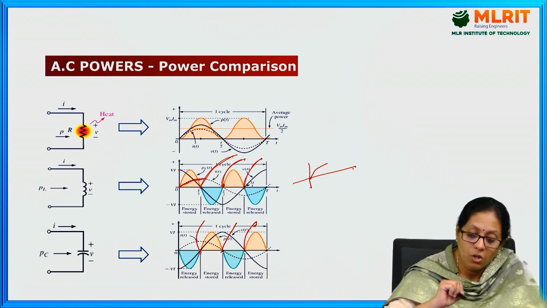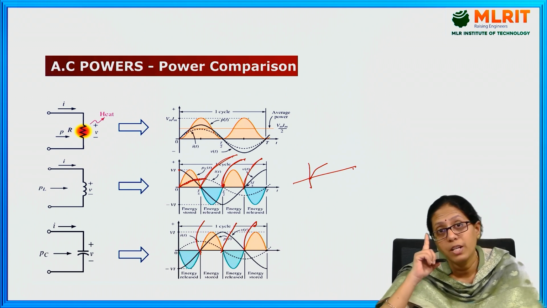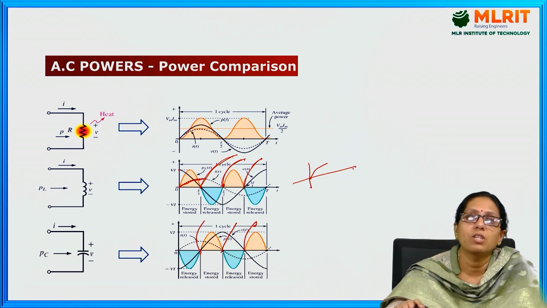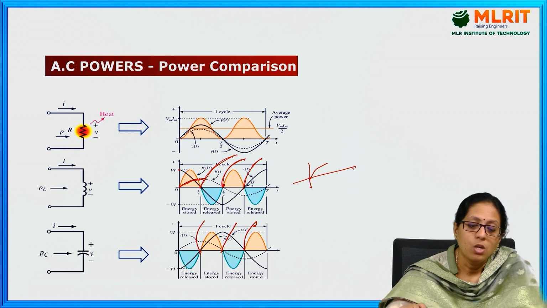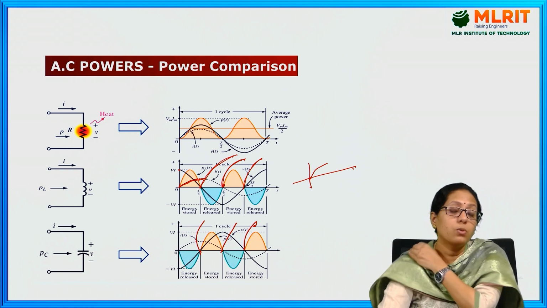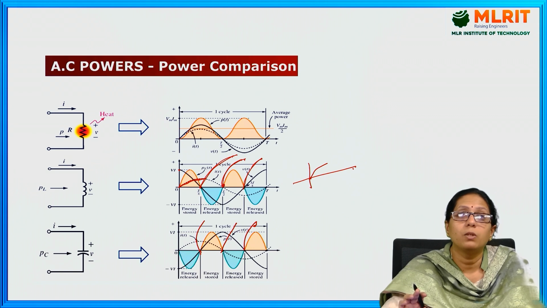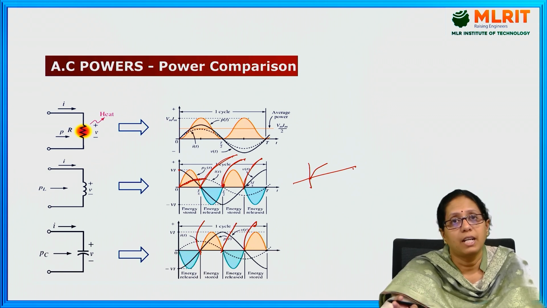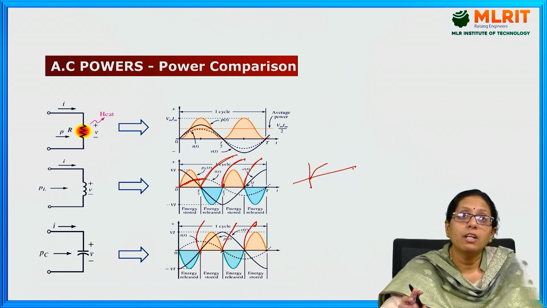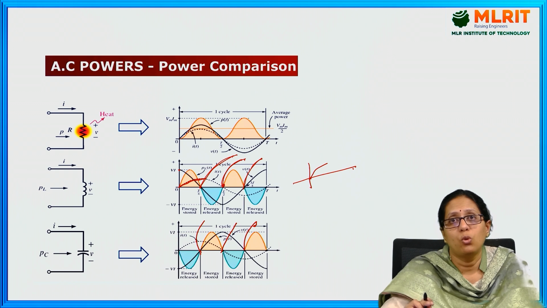So here also there is a phase difference between the voltage as well as current. From these three pictures, we come to know that there is always a phase difference between the voltage and current for inductive as well as capacitive loads. There is no phase difference in a resistive or heat load.